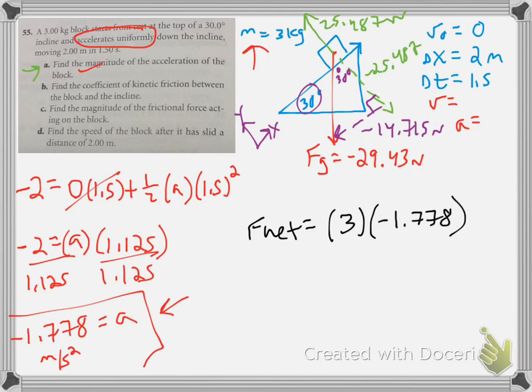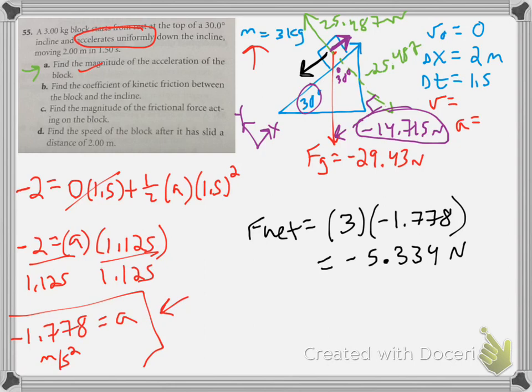And so my net force has to equal negative 5.334 newtons. So I have to be having a net force going this way of 5.334 newtons. Well, I already know that my box is falling that way due to gravity with negative 14.715 newtons. So what would friction have to be going this way to change negative 14.715 into negative 5.334?